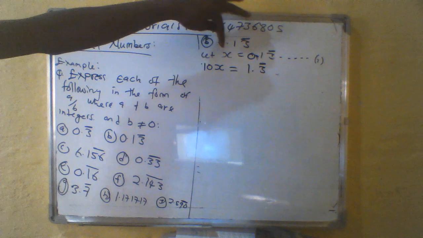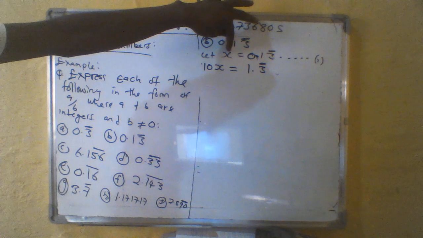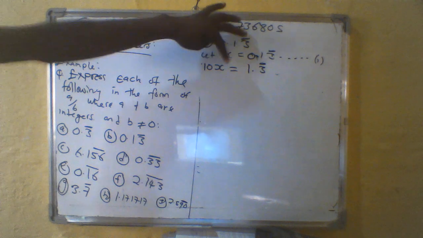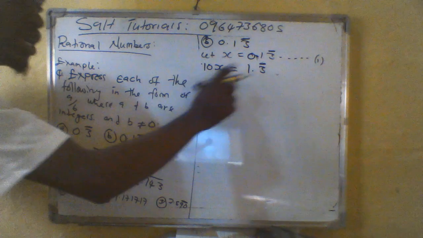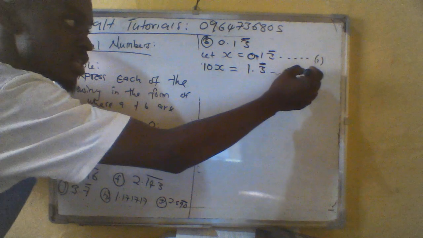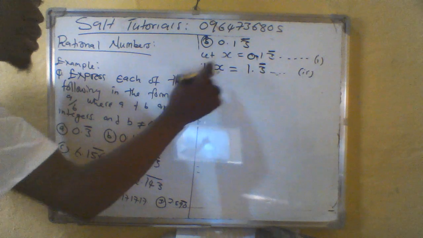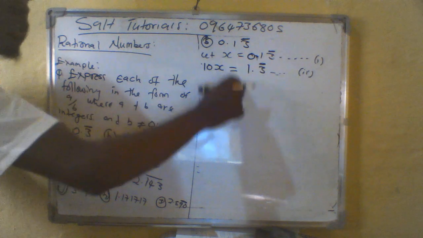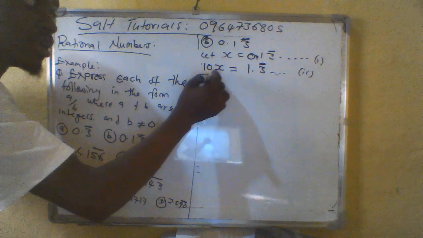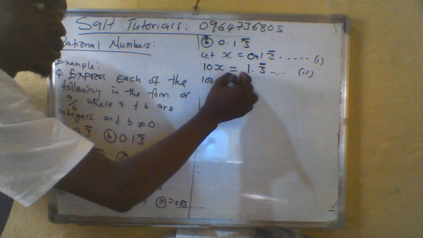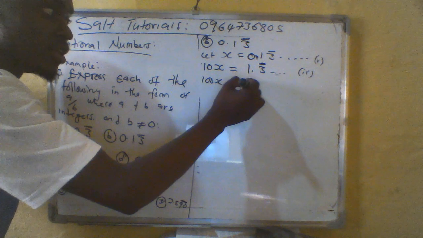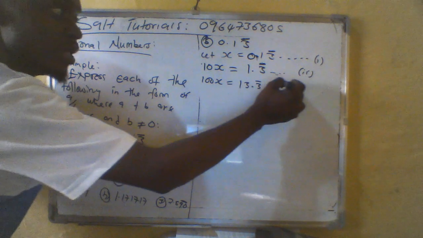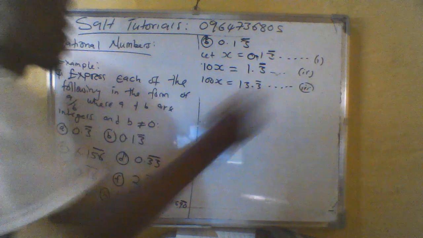We're going to end up multiplying this by 100 for the 3 to move to the other side. So in short, the first step is 10x giving me this value, which is my second equation. Then the third step is to multiply this x by 100 for the 3 to go to the other side. So I'm going to have 100x equals 13.3 bar. This will be my third equation.